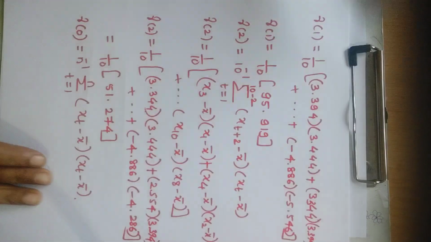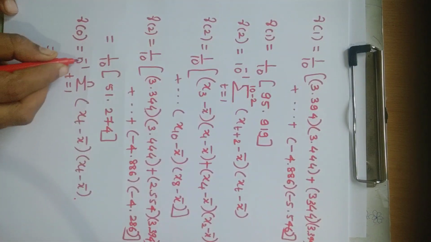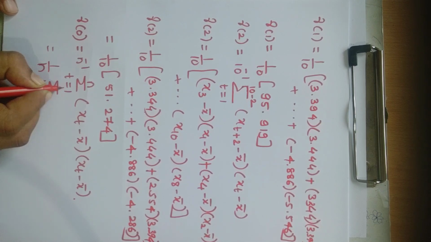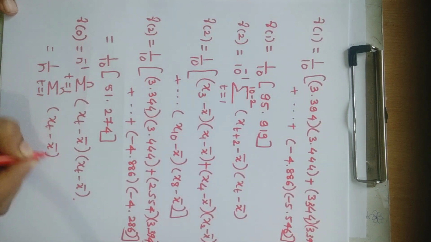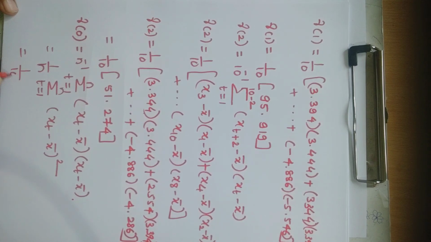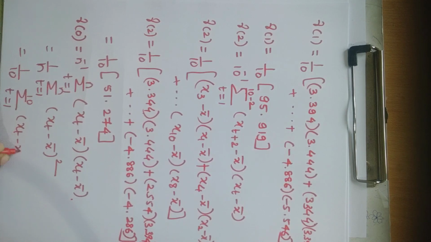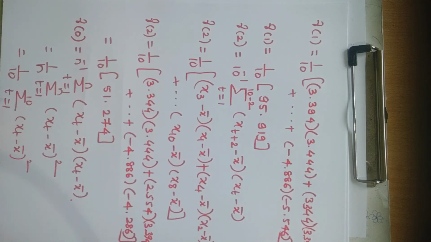So we have 1 by n, here n is 10, so this is xt minus x bar square, 1 by 10 summation t is equal to 1 to 10. When we start with t is equal to 1, x1 minus x bar square plus x2 minus x bar square plus x3 minus x bar square up to x10 minus x bar square.